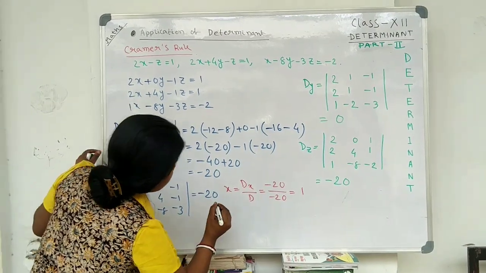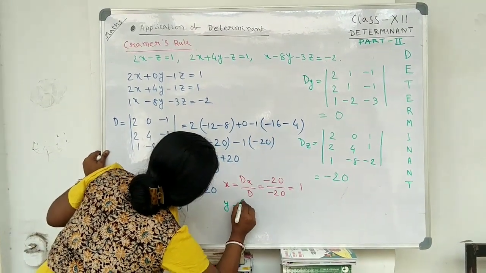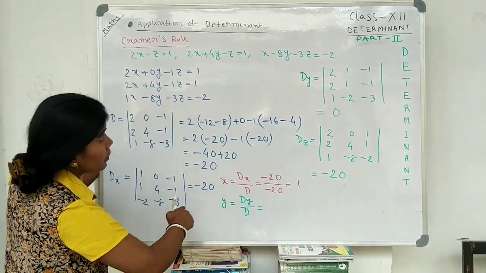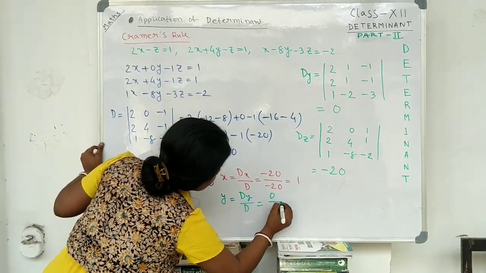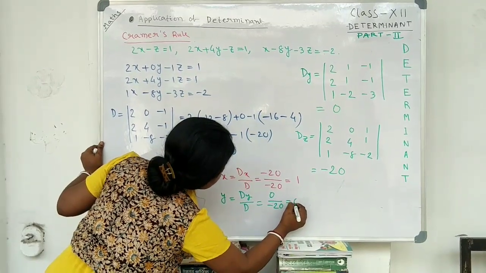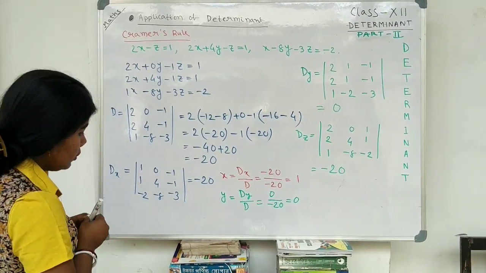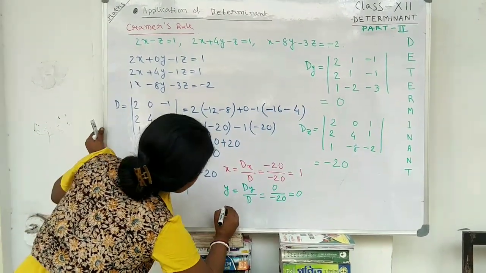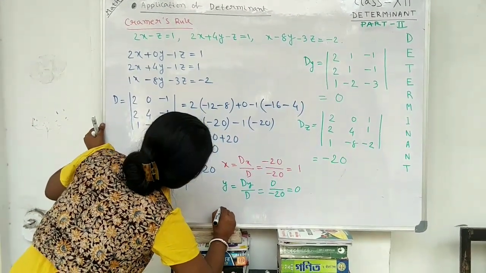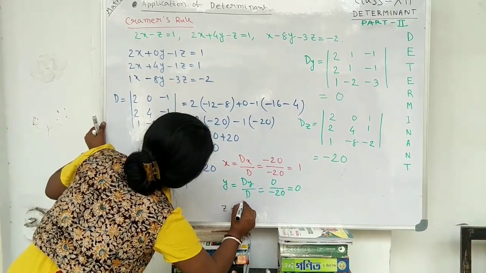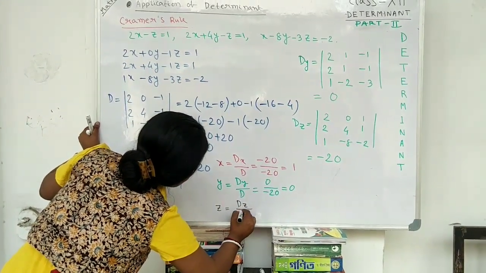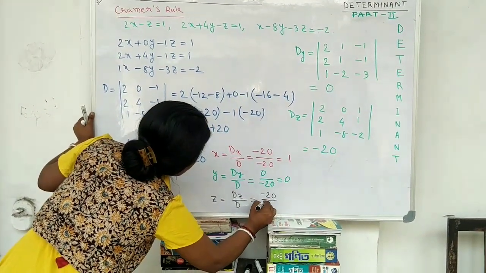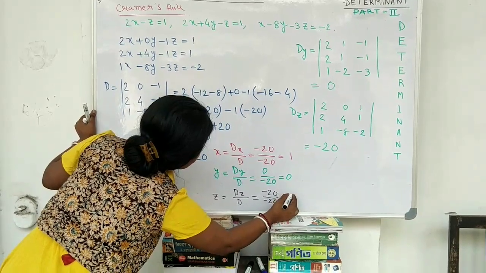Y equal to dy by d, that is 0 by minus 20 equal to 0, and z equal to dz by d, that is minus 20 by minus 20 equal to 1.